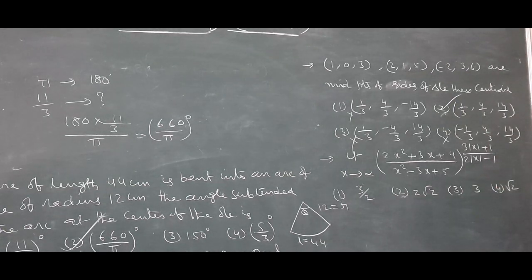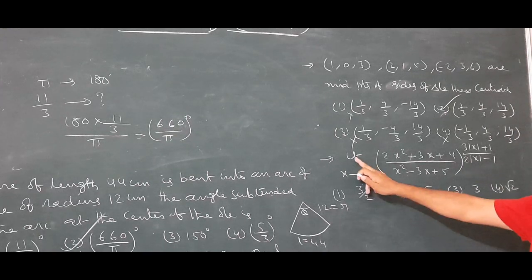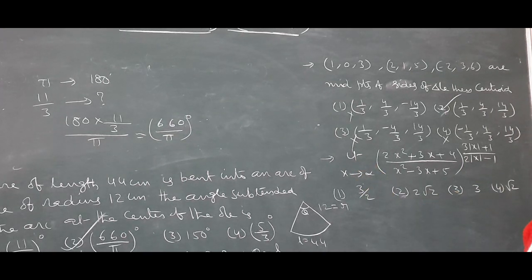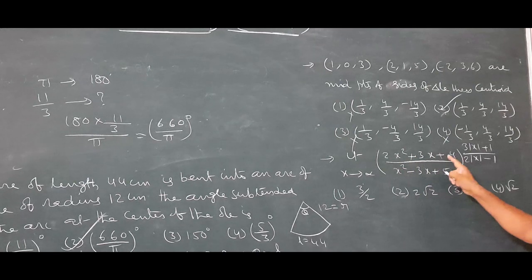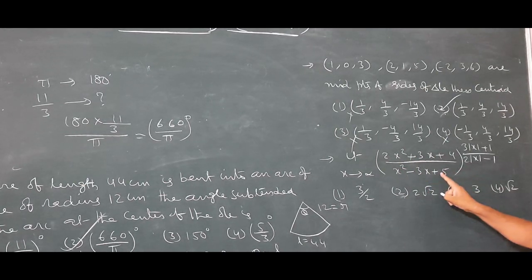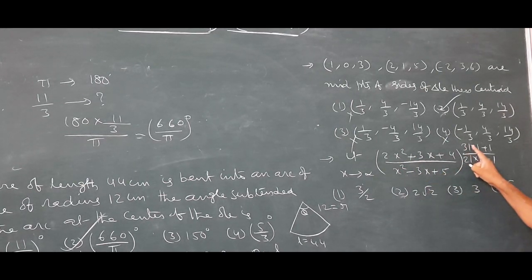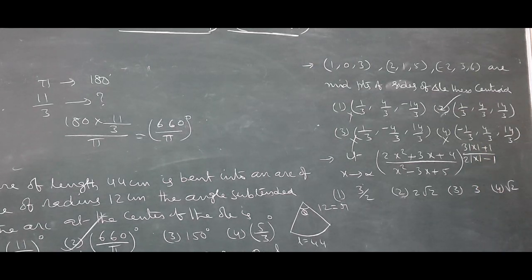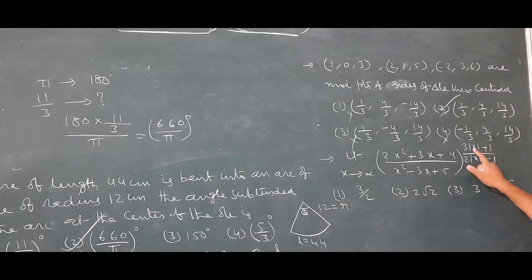Now, next question. Limit x tends to infinity, 2x square plus 3x plus 4 by x square minus 3x plus 5, whole power 3 mod x plus 1 by 2 mod x minus 1. Whenever x tends to infinity, 1 by x tends to 0. Numerator and denominator divide with mod x, we get 3 by 2.